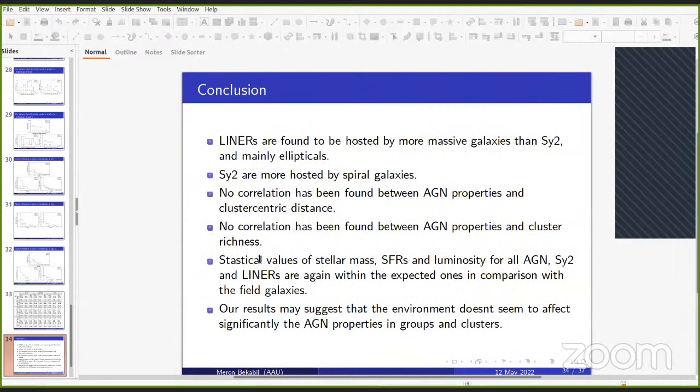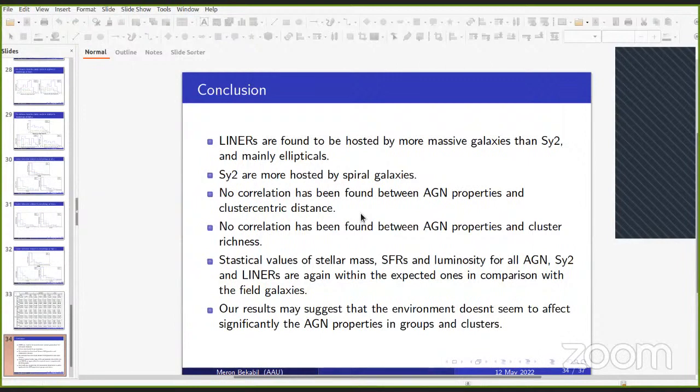And finally, we conclude with what we see from our analysis. Our LINERs are more often hosted by more massive galaxies than Seyferts, mainly elliptical galaxies, and Seyferts are more often hosted by spiral galaxies. We expected a relationship between the cluster richness and distance from the cluster centers, but we didn't find any correlation between them.